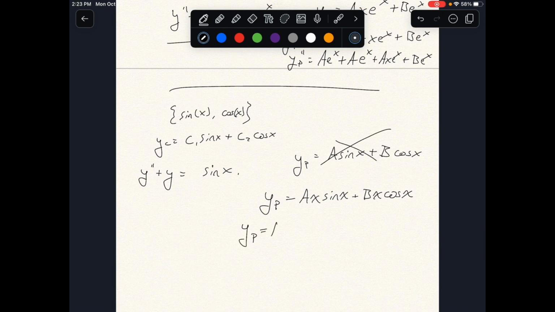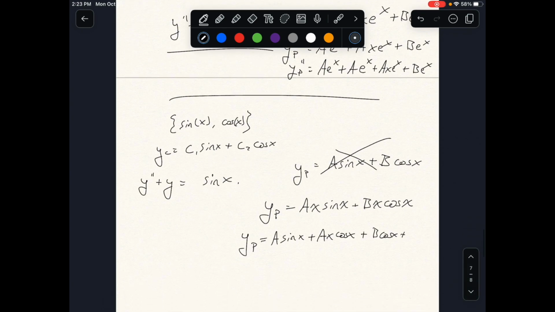So this would be a sine x plus ax cosine x, and then plus b cosine x, or I guess that'd be minus bx sine of x, right? Sorry, that was yp prime.